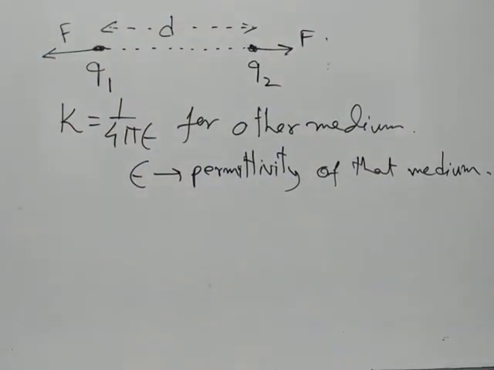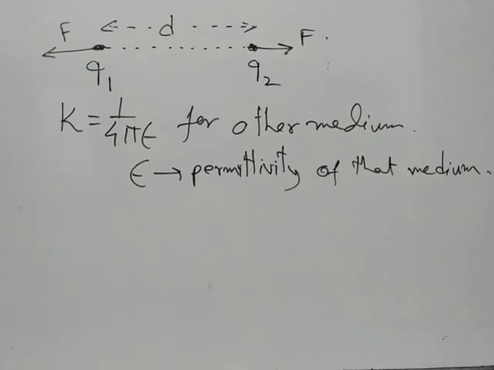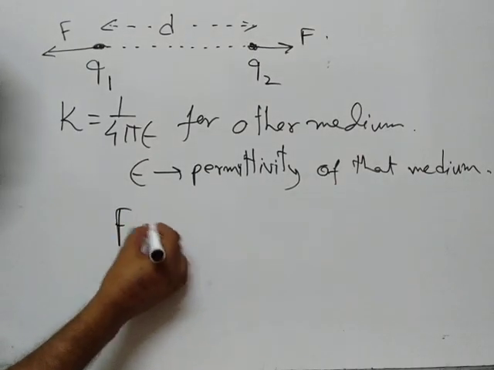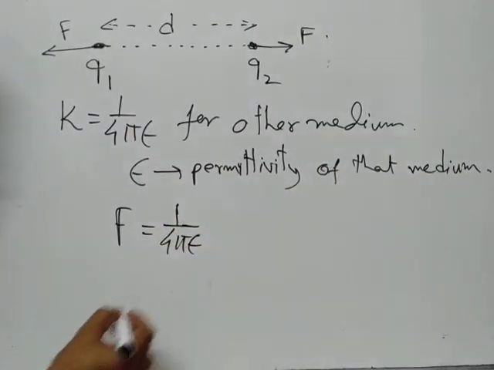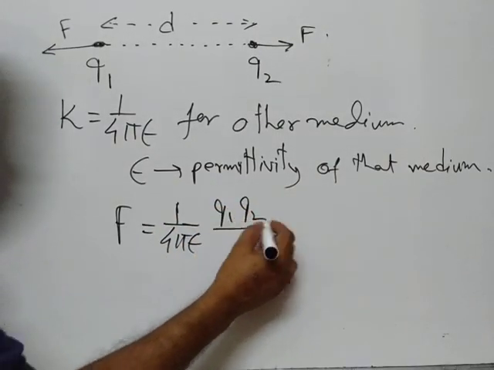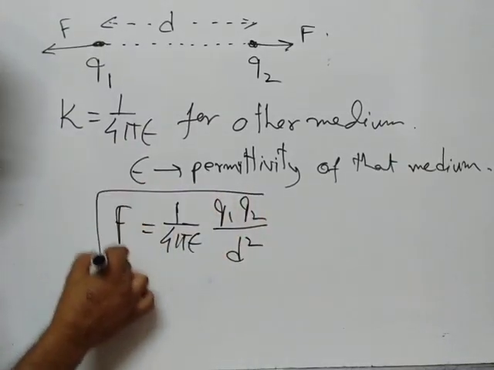Considering this, what would be the mathematical form of Coulomb's law? F would be 1 by 4 pi epsilon q1 q2 by d square.